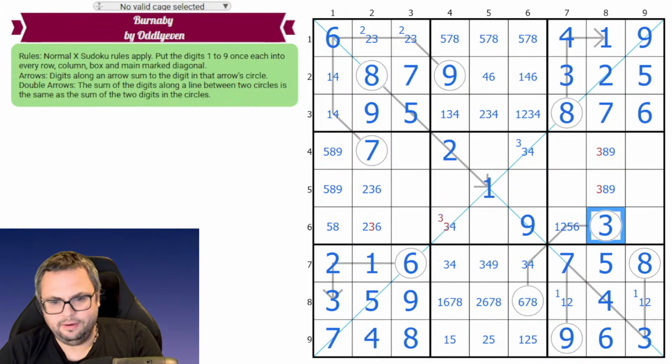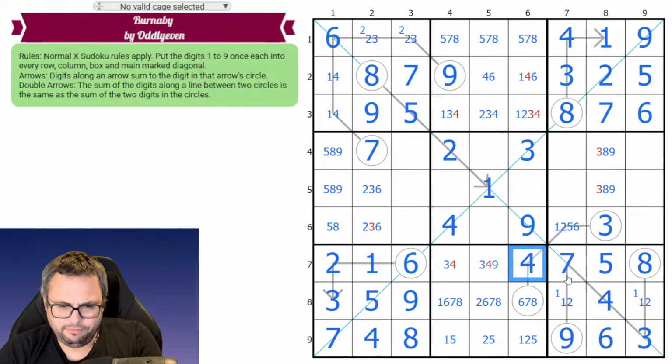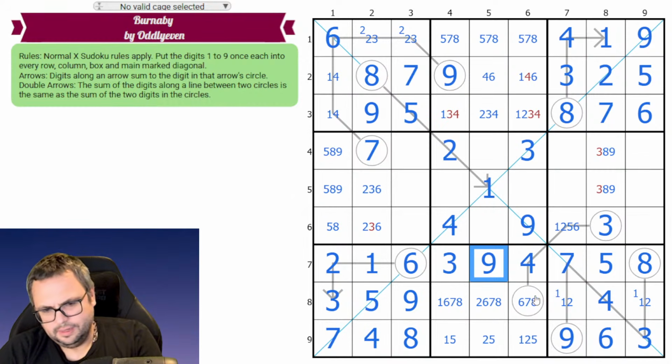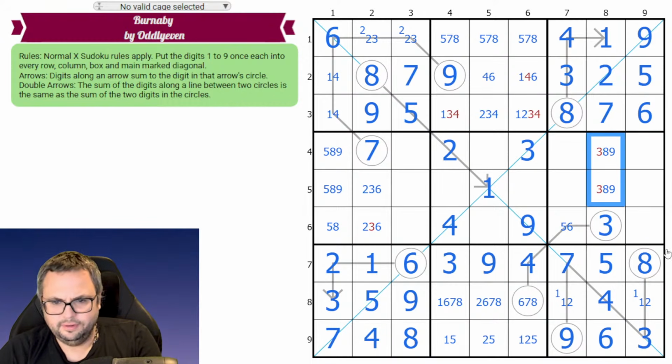This can't be an 8, though, so that's going to be a 3. So that's going to be a 4. So let's see. So the minimum sum now is 9. So this has certainly got to be at least a 5 or a 6.